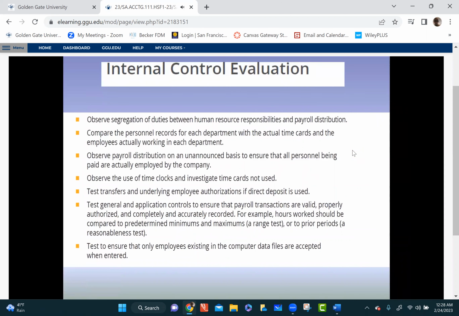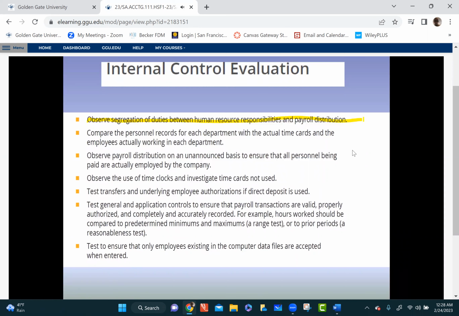Okay, so let's look at the internal controls over payroll. We're going to want to make sure that there's segregation of duties between human resources and the payroll distribution. You don't want the situation where someone can create a fictitious employee in human resources and also have the ability to distribute or release payroll, because they're going to be creating this fictitious employee and taking that check and cashing it or receiving that direct deposit.